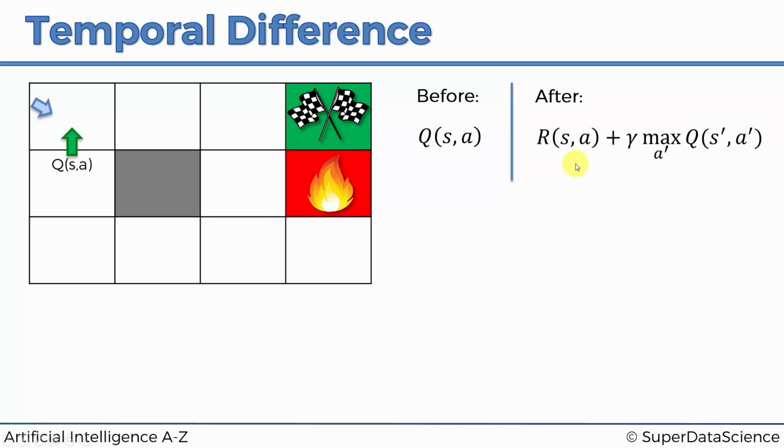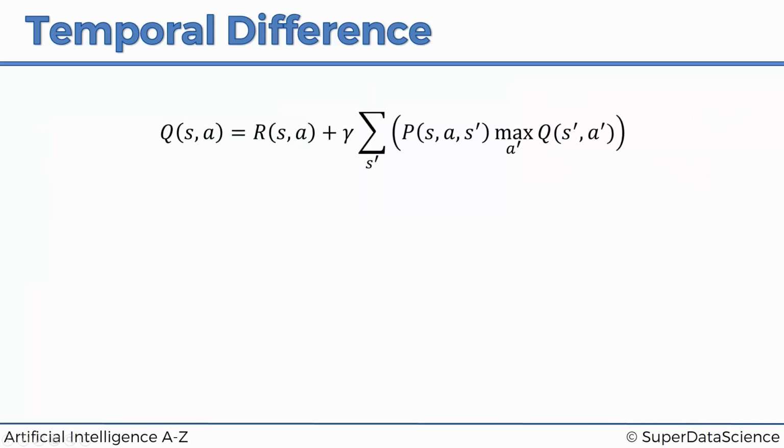But as you can recall from the previous formula, if we go back very quickly, what we just calculated is indeed the value. That is how Q(S, A) is calculated. So this right part, we've just calculated it separately, but after we've taken the action.